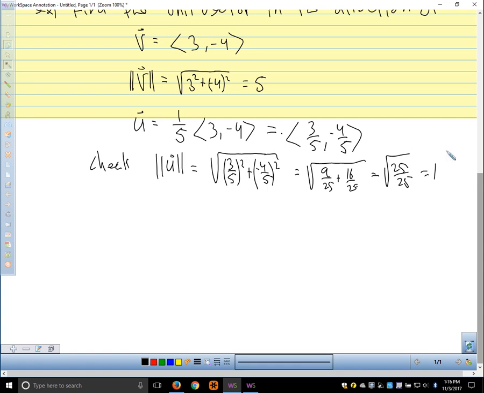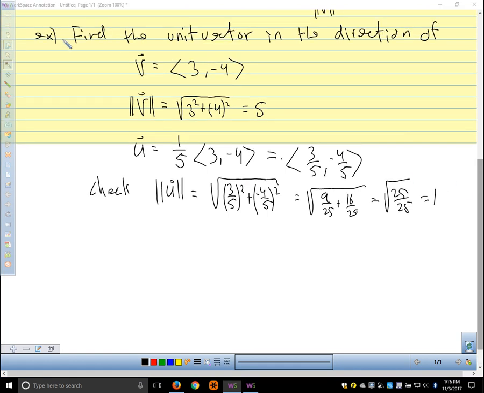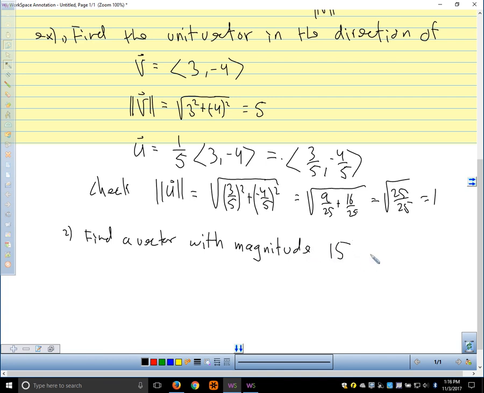Now, I'm going to call this part 1. What if part 2 says find a vector with magnitude 15 in the direction of v. What would we do?